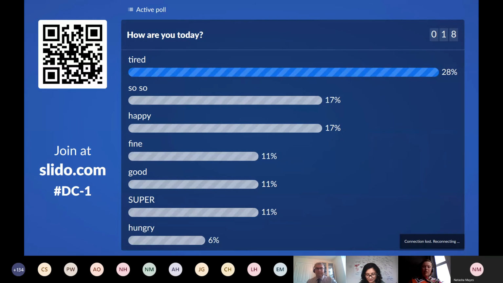If anyone's having any trouble getting onto Slido, do feel free to put something in the chat box and we should be able to help you navigate your way on if you're getting stuck. Okay, so a mix of tired, so-so, happy, fine.